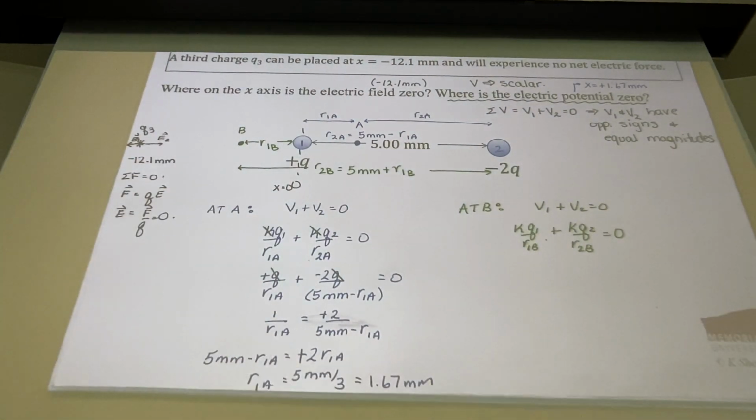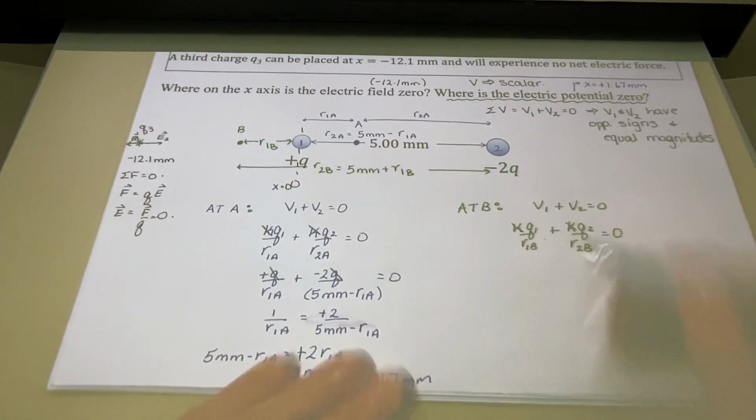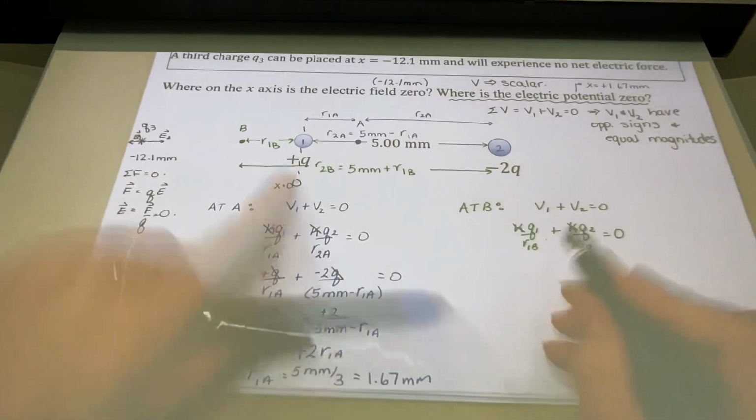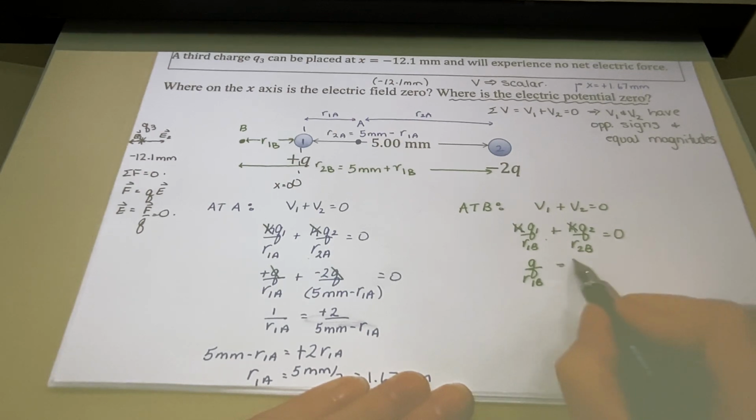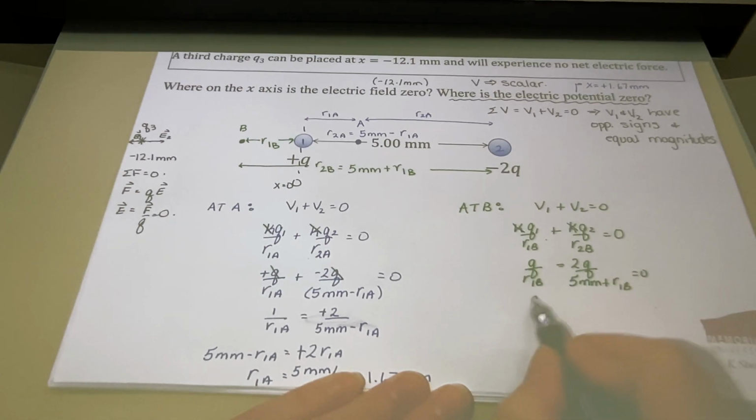I'll divide both sides by K. Fill in the stuff that I know. Q1 is plus Q, minus 2Q divided by 5 millimeters plus R1B equals 0. Get that to the other side.